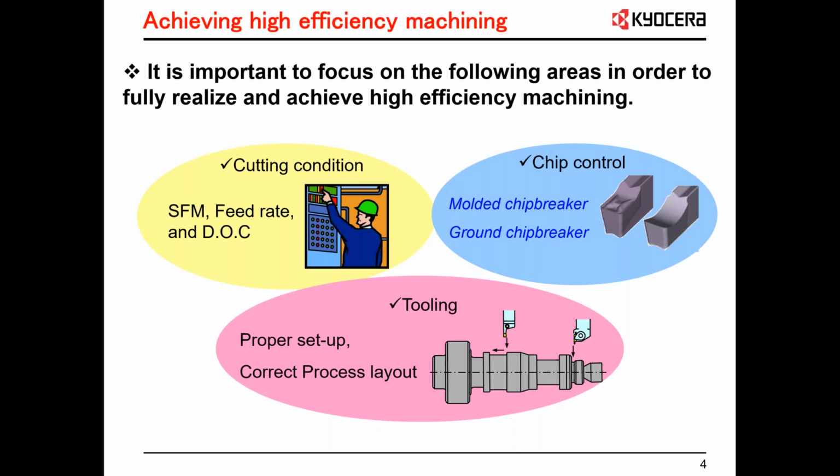Also, in your tooling aspect, you got to make sure you got the proper setup, and you're also doing the correct process layout. In other words, make sure you're getting your cycle time down by looking for things in the process that you might find erroneous as to what the end user may be doing.